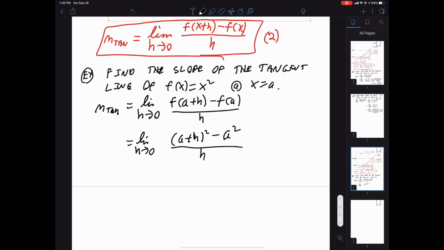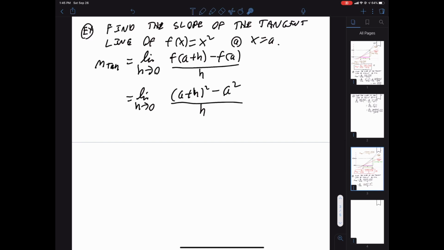The bottom is just h. Now when we take this limit again, you're going to get 0 over 0, which is indeterminate. Sound familiar? So we need to factor and cancel.